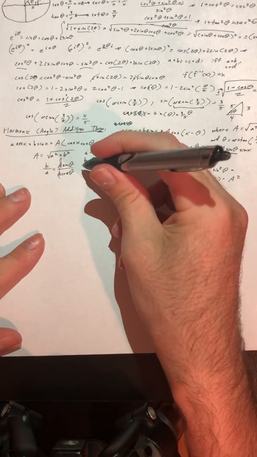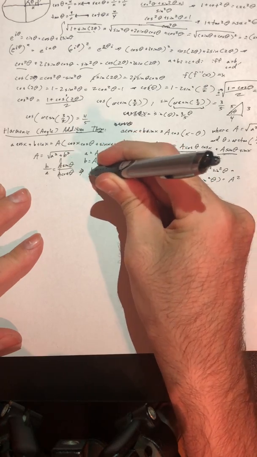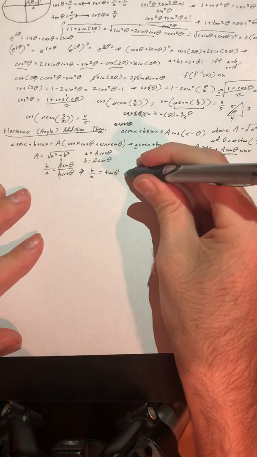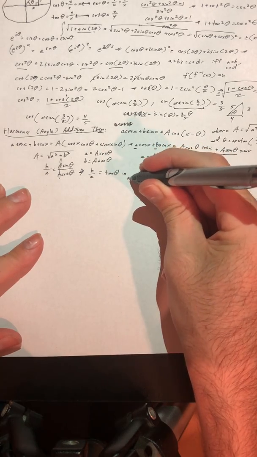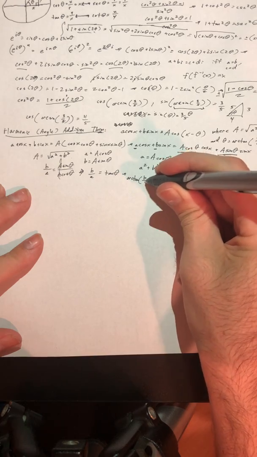The A's go away. You get that b over a is equal to tan theta. So it follows that arctan of b over a is equal to theta. That is a very cool theorem, and that's why he divided by root 5, right?